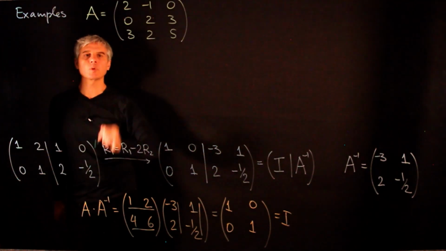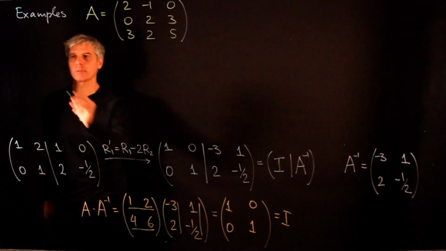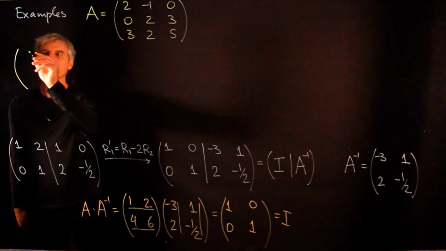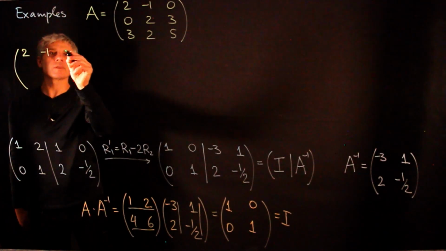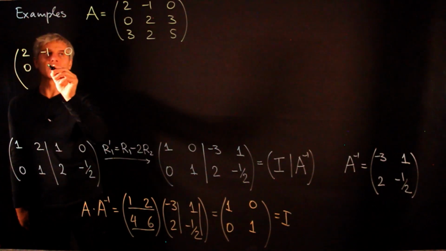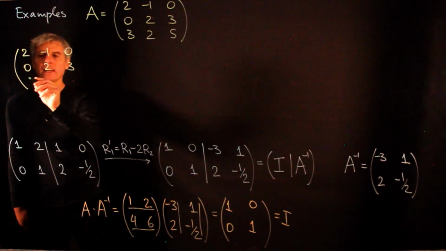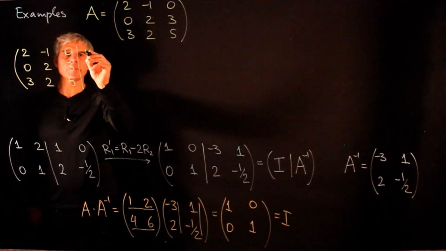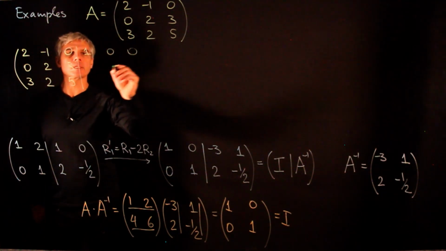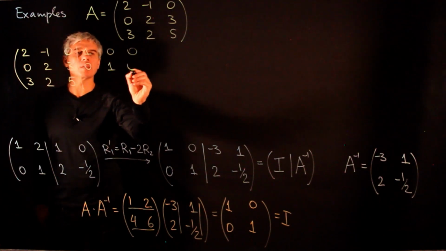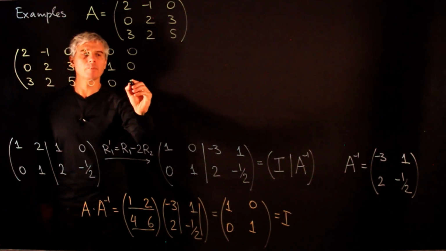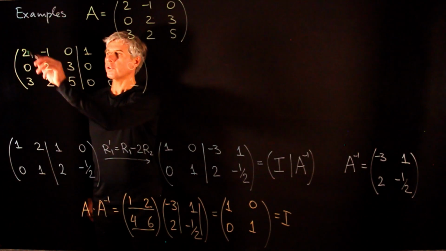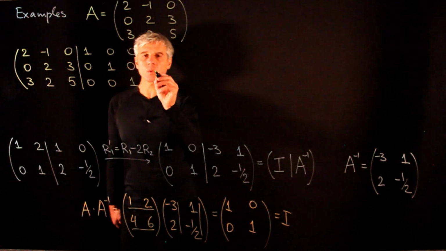Next, let's compute an inverse of a 3 by 3 matrix. So we take this matrix and write the identity matrix next to it. And now we need to find the sequence of elementary row operations that brings the left matrix to identity. So first I want to create a pivot in the corner.